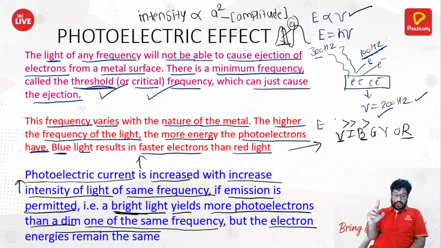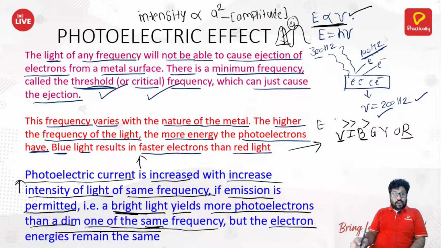It is not changing. Why? Because you have taken the frequency same. Remember, frequency is constant. See, frequency and energy are directly correlated. Energy is directly proportional to frequency. So if you take two radiations with different intensity but the same frequency, then the radiation with a higher intensity will eject more electrons, and the radiation with a dim light will eject fewer electrons.